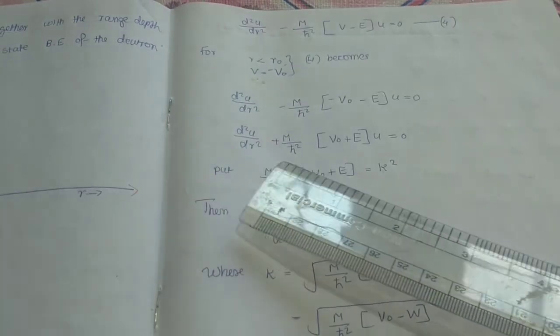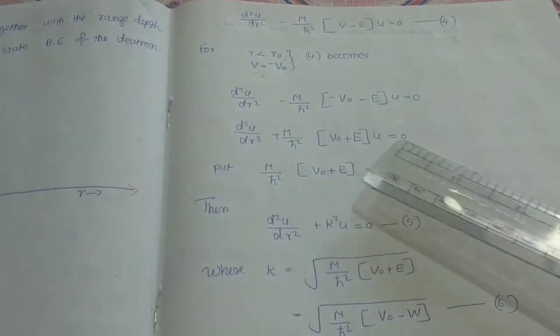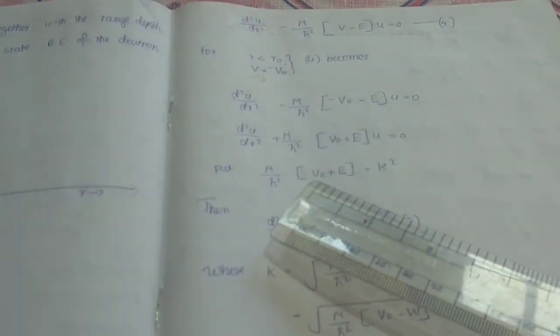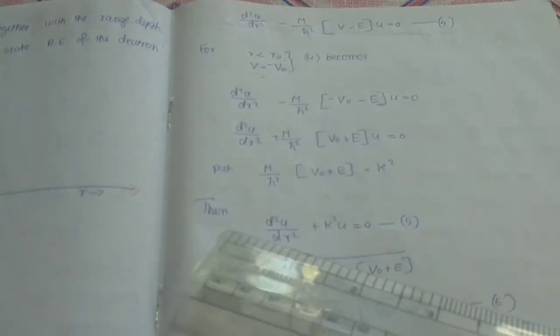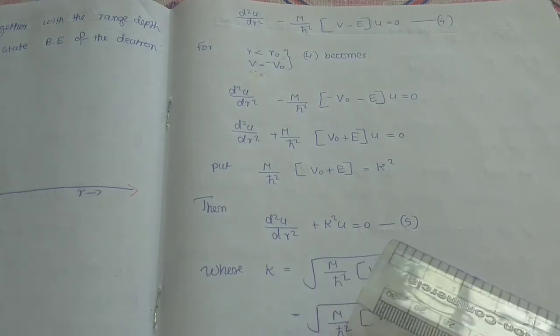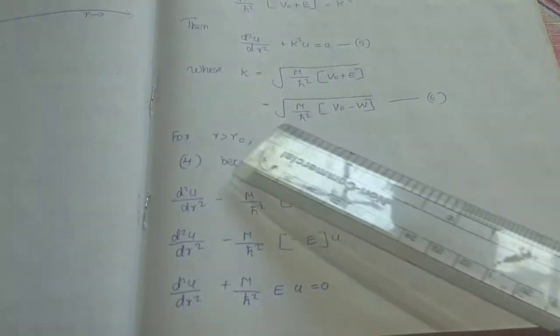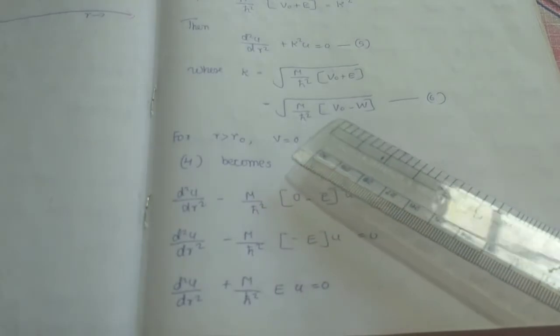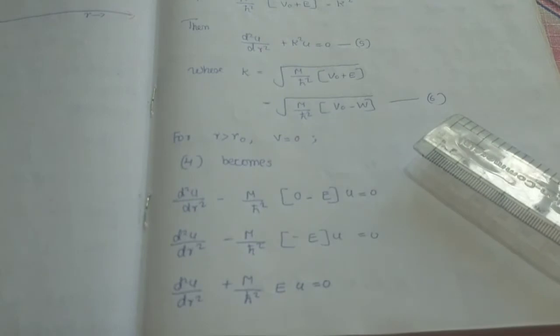That is d square u by dr square plus m by h cross square (V0 plus E) into u equal to 0. Put m by h cross square into (V0 plus E) as k square. Then the above expression will become d square u by dr square plus k square u equal to 0, equation number 5, where k equals root of m by h cross square (V0 plus E). That is root of m by h cross square (V0 minus W). This is equation number 6.